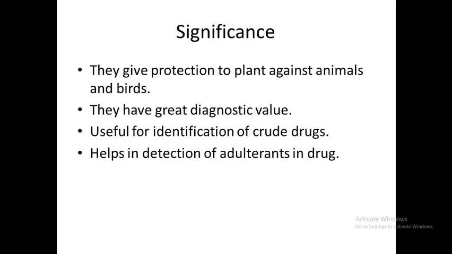They have great diagnostic value. These types of calcium oxalate crystals along with the specific plant are useful for the diagnosis of a particular plant, also helpful for the identification of a crude drug and detection and identification of adulterants in the crude drug based on the type of calcium oxalate crystals present in the drug.